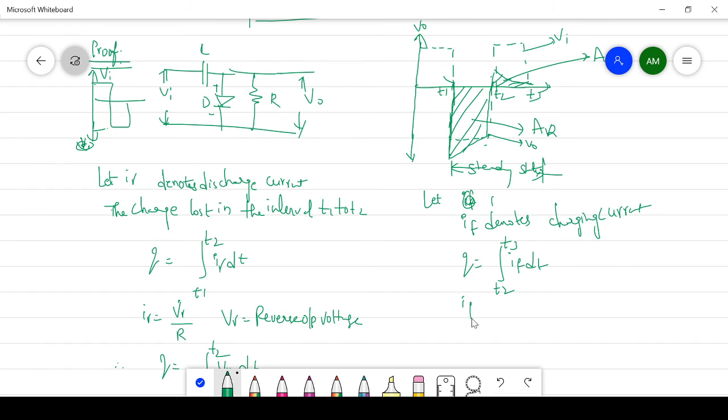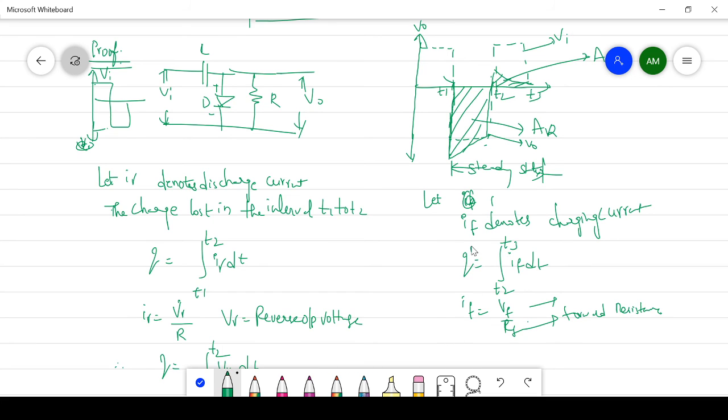But from Ohm's law, IF is VF by RF, where RF is the forward resistance of the diode and VF is the forward output voltage.